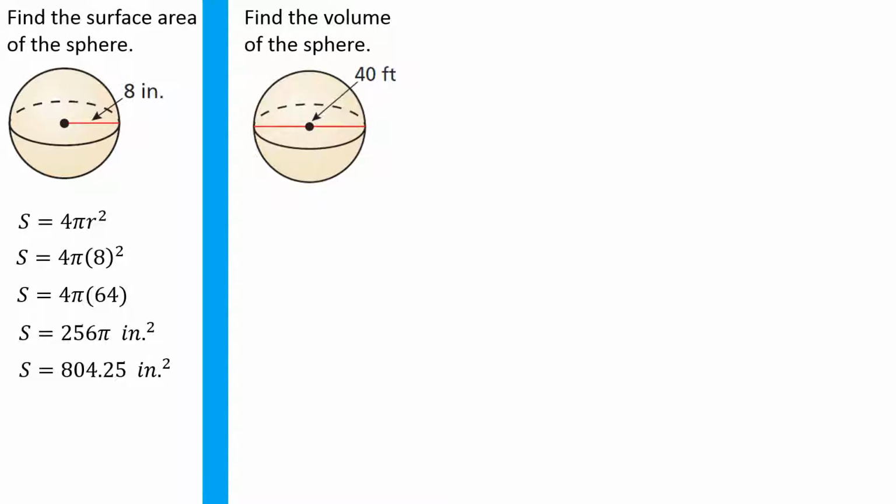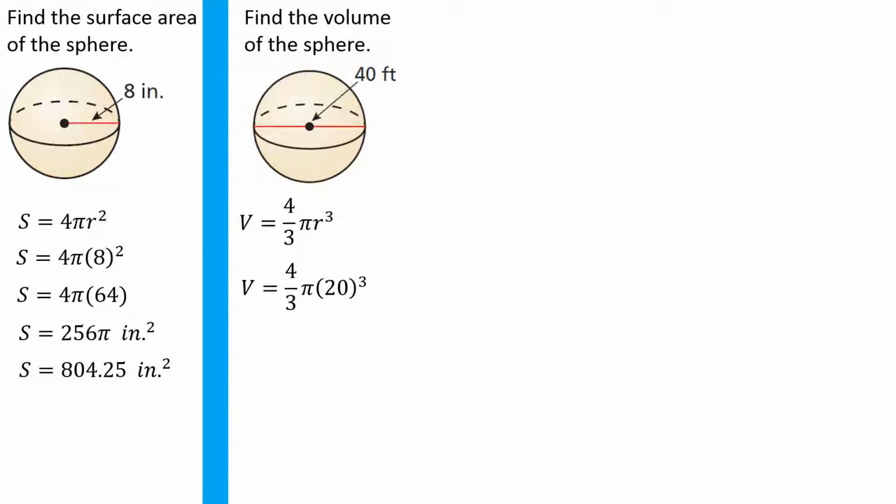Of course, let's take a look here at the volume. Ooh, this is a little tricky. We don't know the radius. So if I look and the diameter is 40, I can figure out pretty quick the radius must be 20.